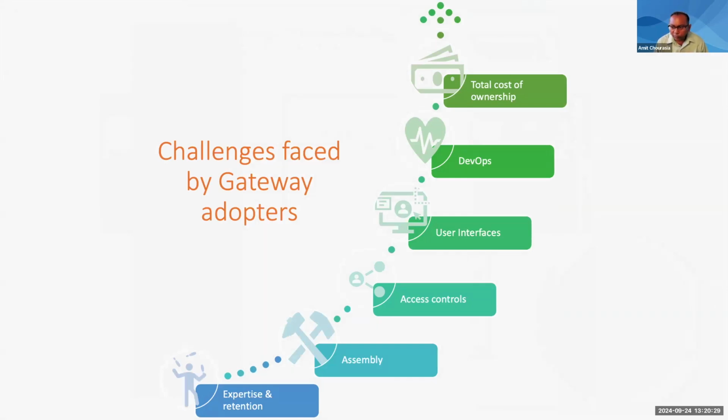And so anytime somebody wants to build a gateway or a portal, there are a host of issues that come up. And the idea is to reduce or eliminate this barrier as much as possible with OneSciencePlace. So from having the expertise to build the infrastructure, how to piece together different components, how to deal with access requests, how to build interfaces, how to run the system 24/7, and how to provide support, and do that with a view that we deduce the total cost of ownership.